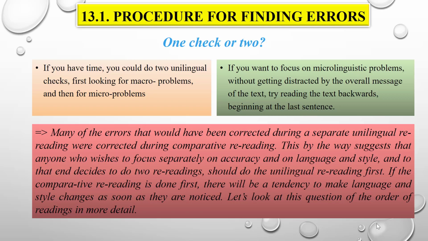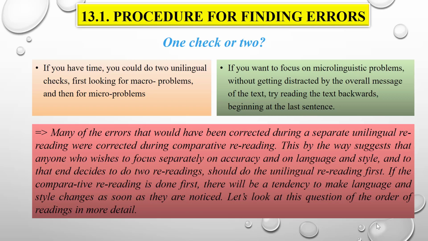So the conclusion here is many of the errors that would have been corrected during a separate unilingual rereading were corrected during comparative rereading. This is, by the way, suggesting that anyone who wishes to focus separately on accuracy and on language or style, and to that end decides to do two rereadings, should do the unilingual reading first.